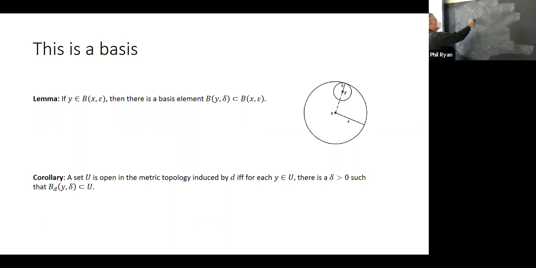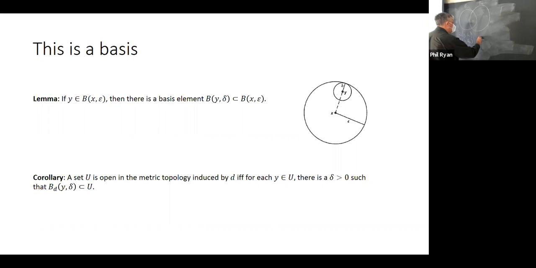Since y is in B1, there's a ball B(y, delta 1) such that it's contained within B1, and there's a ball B(y, delta 2) such that it's contained in B2. So what are we going to take as our delta?